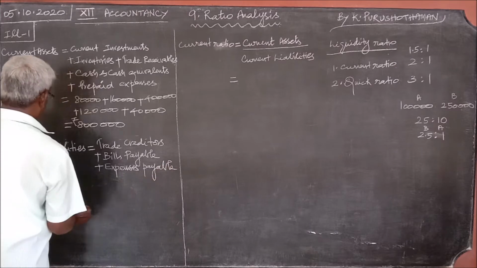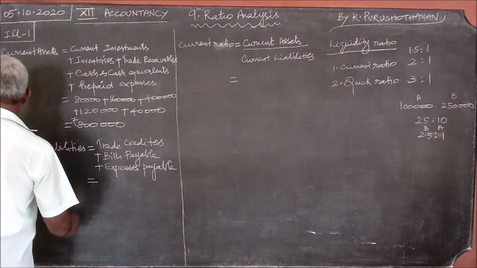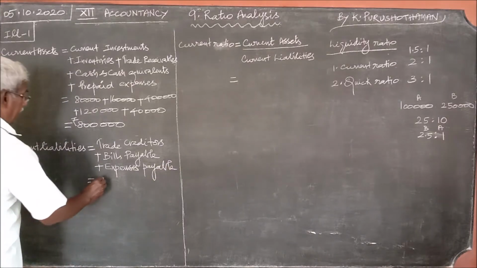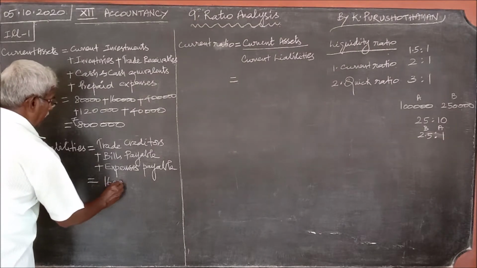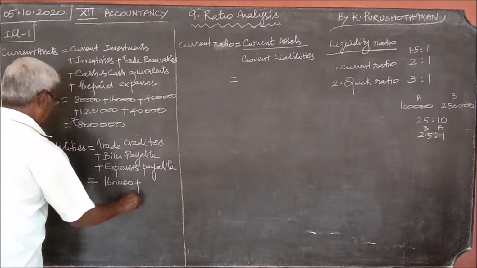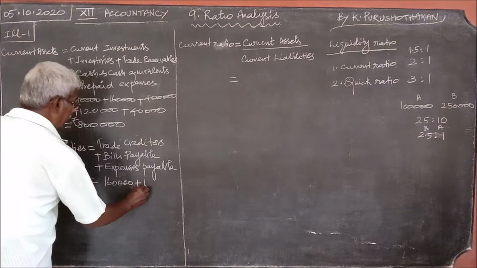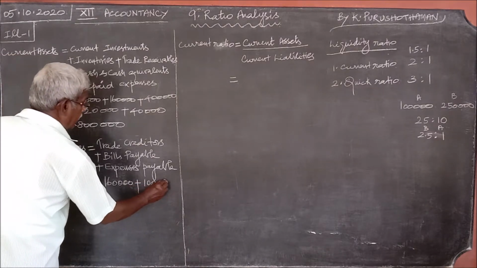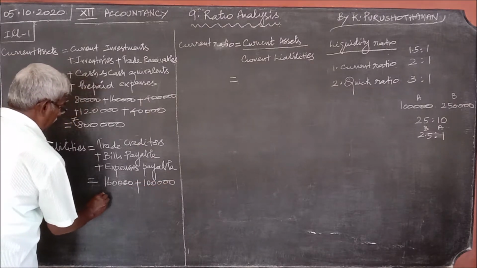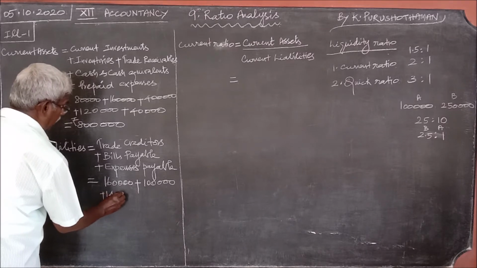These are the three current liabilities. Then write the amounts there: 1,60,000 plus 1 lakh plus 1,40,000.